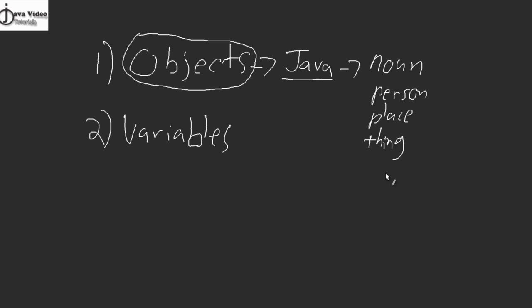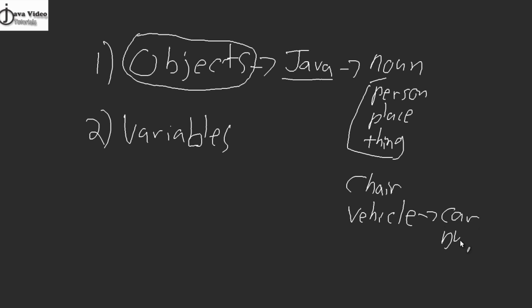Okay, so an example of a person, place, or thing, or an object in general is something like a chair, or a common example in programming examples is a vehicle, because a vehicle could be something like a car, it could be a bus.